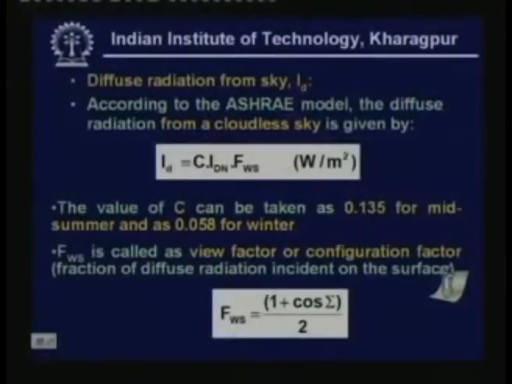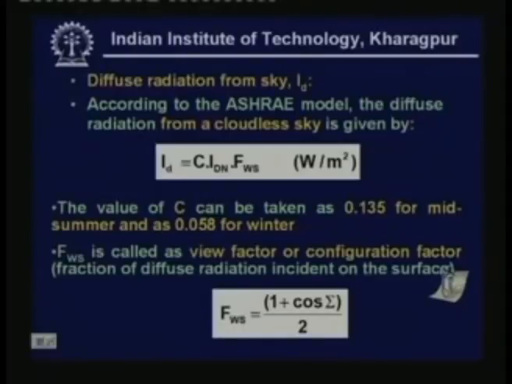And this factor, as I said, the view factor, is nothing but the fraction of diffuse radiation incident on the surface, and it can be very easily shown that F subscript Ws, that is the view factor, is equal to (1 plus cos sigma) by 2, where sigma is the tilt angle defined earlier. So for a horizontal surface the tilt angle is 0, so the view factor is equal to 1, that means it receives all the diffuse radiation.